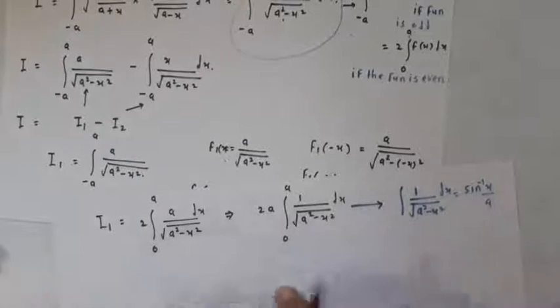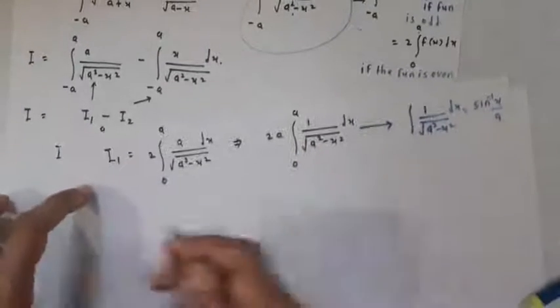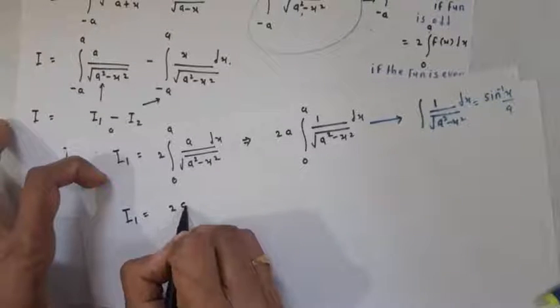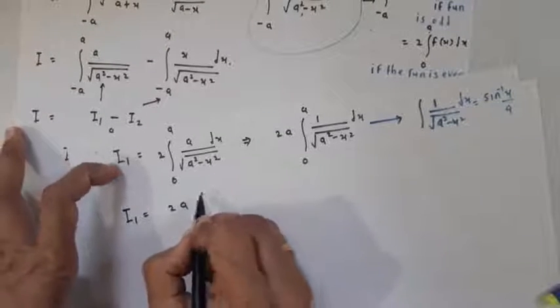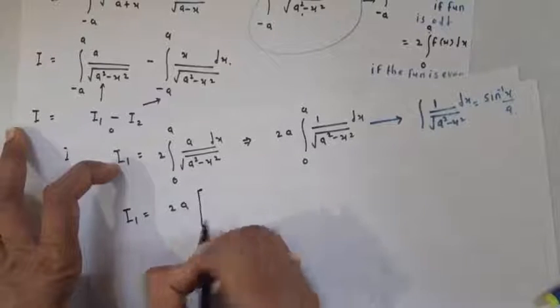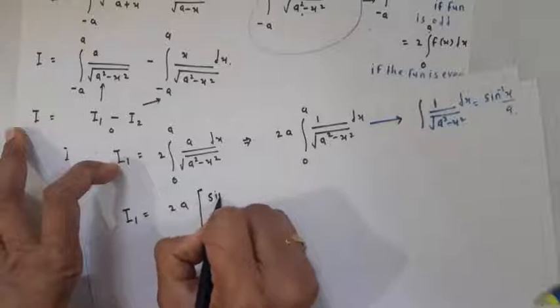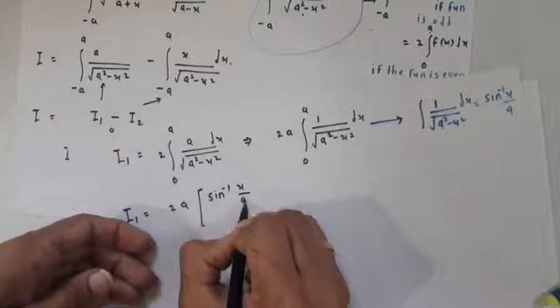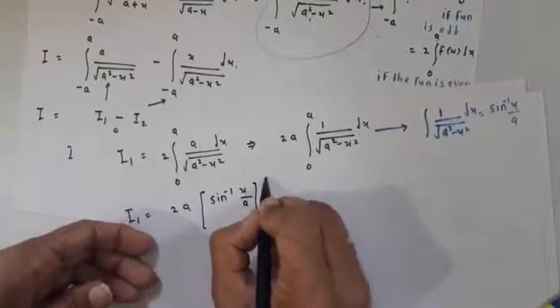By using this formula, the integration I1 equals 2a, sine inverse of x by a, with limits 0 to a.